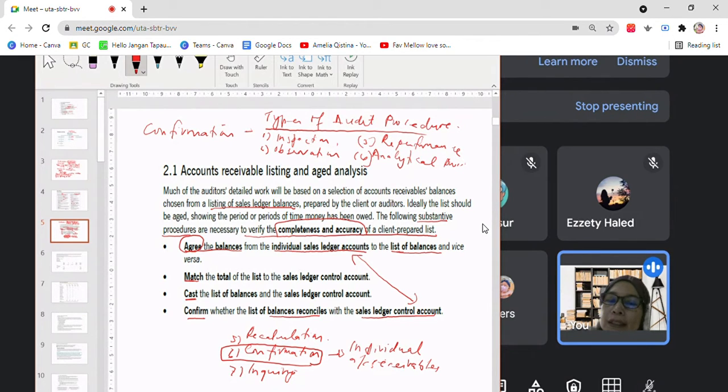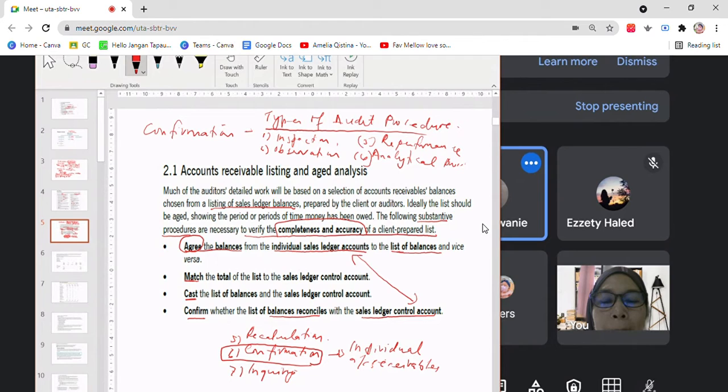Sales ledger account has individual balances. Individual balance, yes. Sales ledger control has the total of the individual sales ledger.